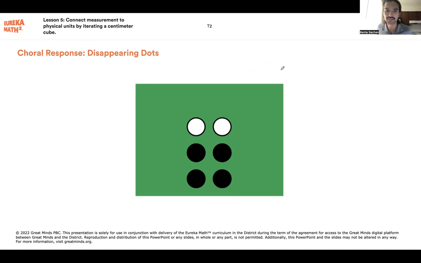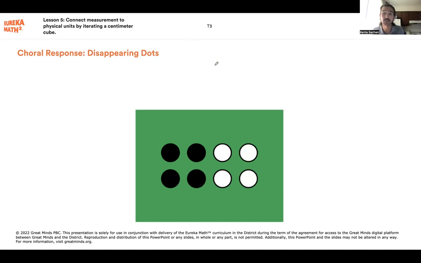Oh, Maya, I think I see your hand up. Maya, what is our subtraction sentence? Very good, right? 8 minus 2 is equal to 6 because I have 6 left over after 2 of them disappeared. Great job.